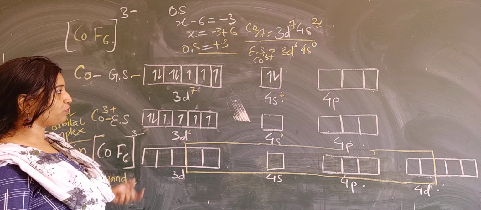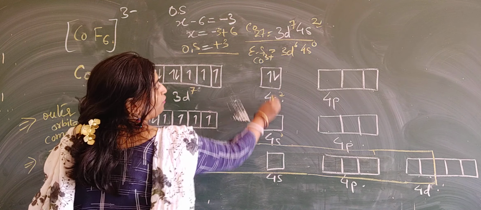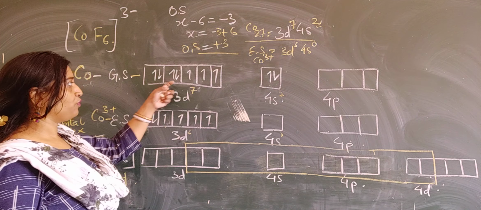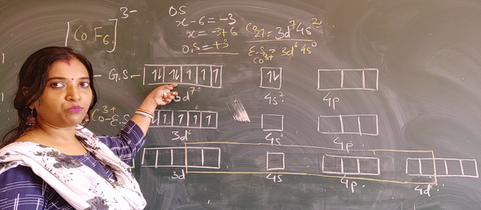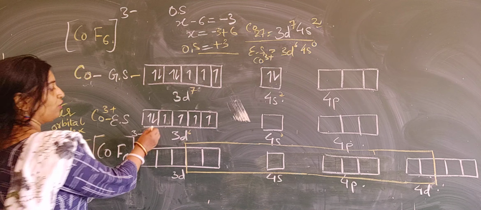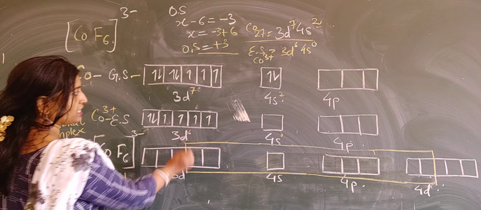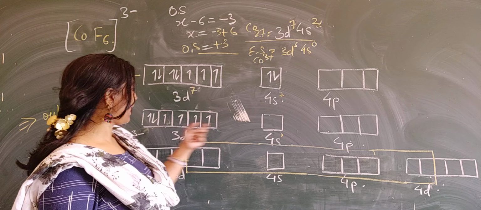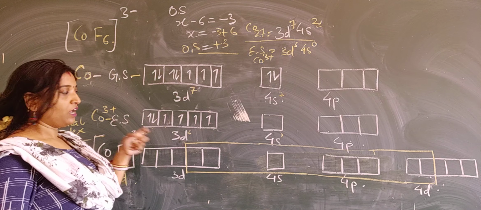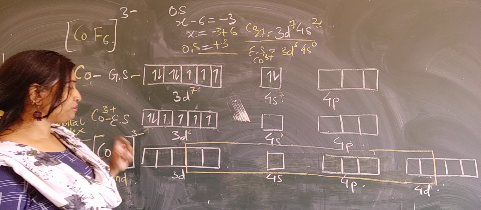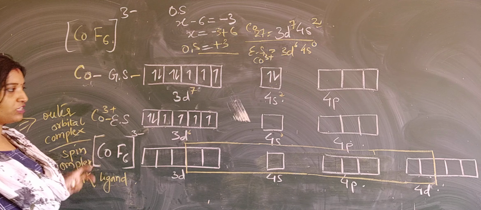From here 2 electrons will be removed and from here 1 electron will be removed. The structure will be like this: 1, 2, 3, 4, 5, 6, 3d6. And 4s will be 0, as 2 electrons are gone from here and 1 electron gone from here. Now this is drawn.